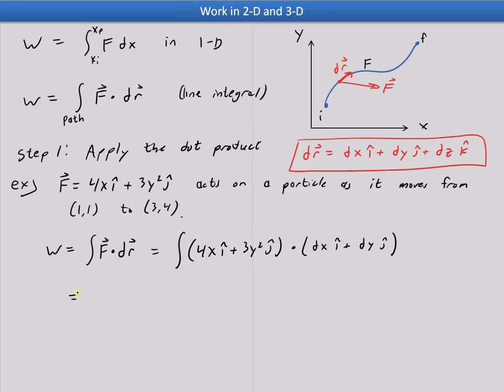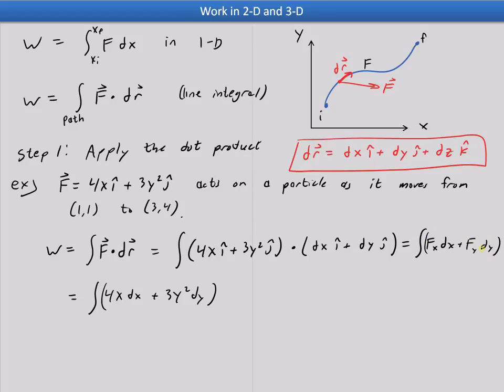Alright, let's work out what that dot product gives us. It's going to give us 4x times dx, and we'll add 3y squared times dy. Okay, so that's all the dot product does. It turns this F dot dr into the x component times dx plus the y component times dy. In fact, we might want to write that as an intermediate step, because it always gives you Fx dx plus Fy dy.